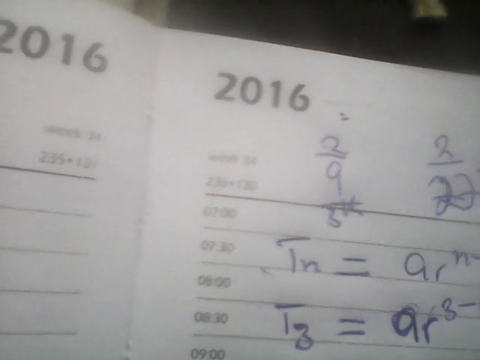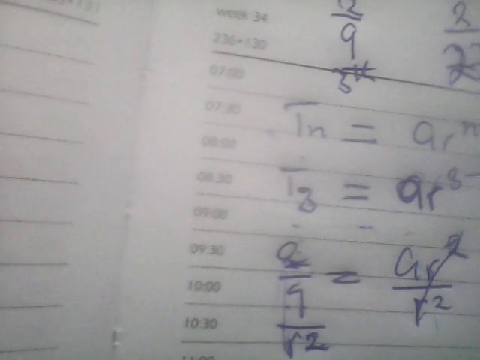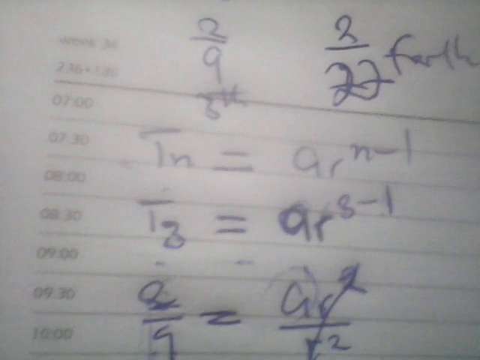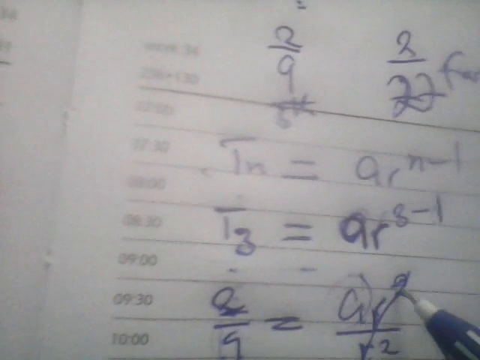When you subtract 3 minus 1, it will give us AR to the power 2. The third term we have here is 2 over 9. So we are just going to bring it here. Then we want to find the first term, so we make A the subject of the formula. For us to make A the subject of the formula, we divide both sides by R squared.